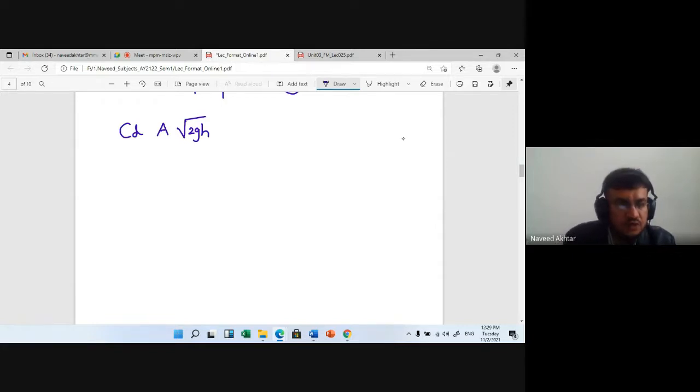The gravitational acceleration G is in meter per second square, so its dimension is L upon T square, if I am not wrong.